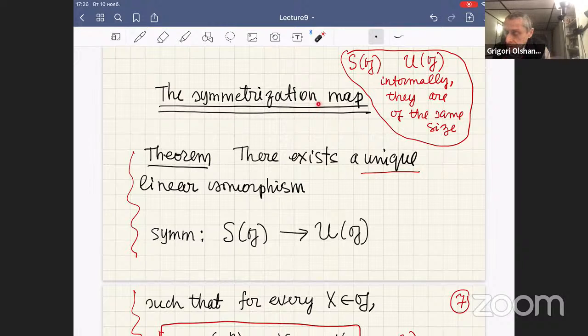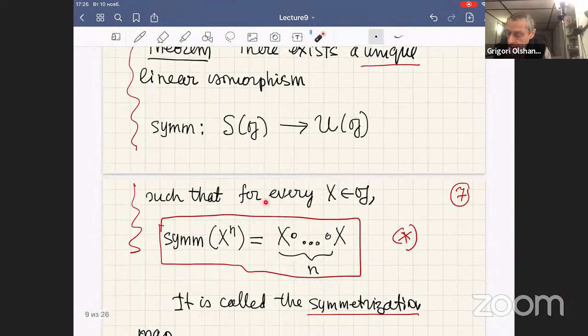So what is the symmetrization map? The claim is the following. There exists a unique linear isomorphism, not an algebra isomorphism, but only an isomorphism of vector spaces, which I will denote by the symbol, between the symmetric algebra and the universal enveloping algebra, which is characterized by the property that for any element of Lie algebra, the image of the nth power of this element is equal to the nth power, but with respect to multiplication in this algebra.